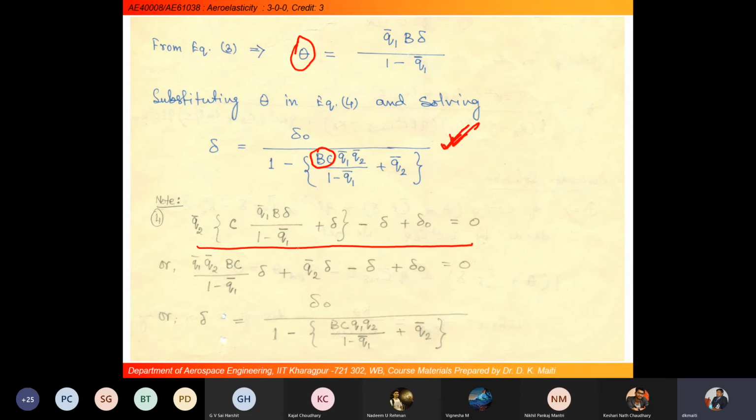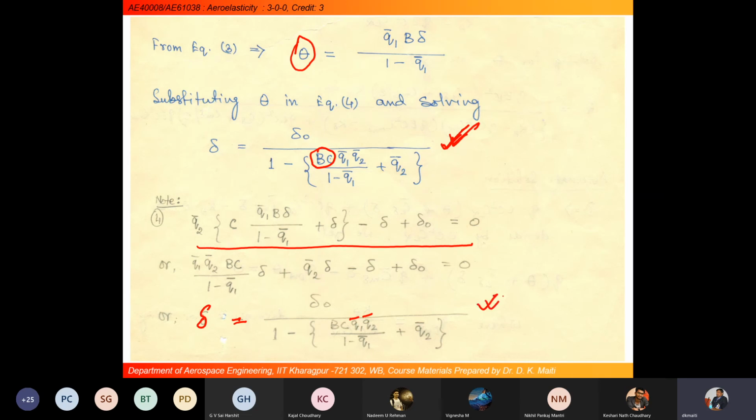Then delta I have solved from here and taken common from here. So delta is equal to delta naught divided by 1 minus, in the second bracket, BC into Q1 bar Q2 bar divided by 1 minus Q1 bar plus Q2 bar.